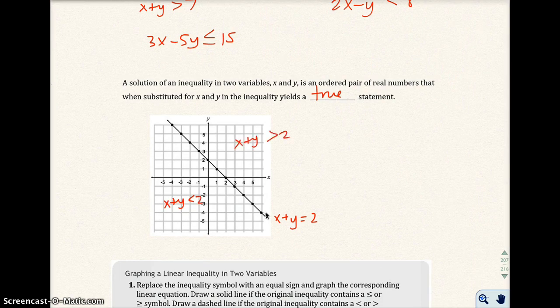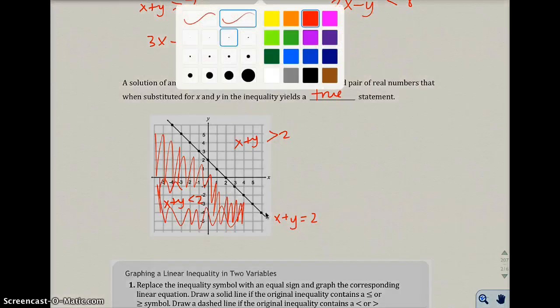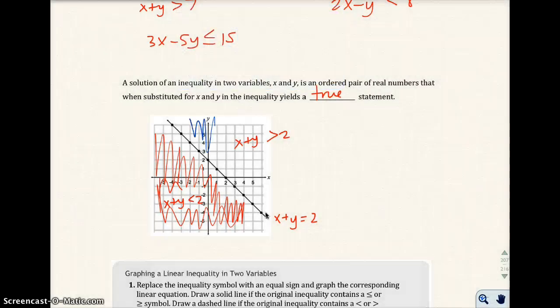Those are half planes. Everything on this side is x plus y less than 2, and everything on this side is x plus y greater than 2. And of course the line is x plus y equals 2.